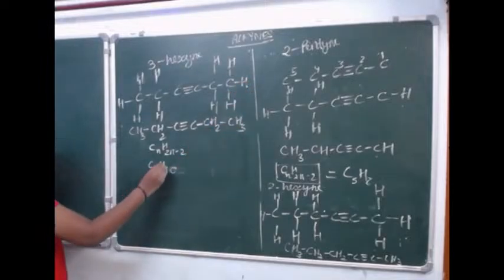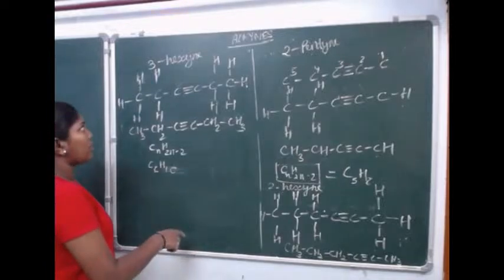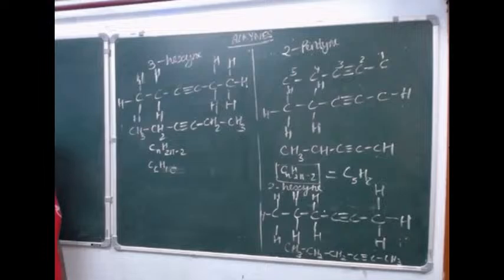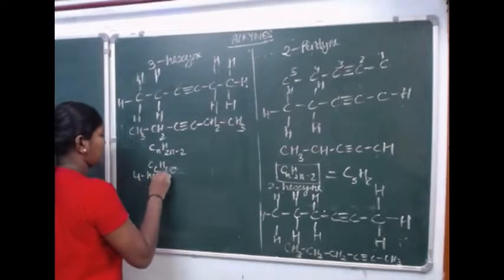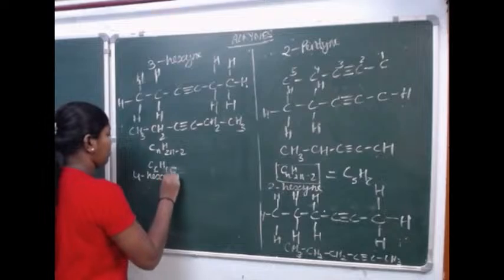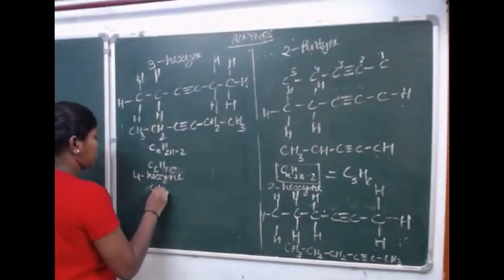Now, what are the different types of hexyne we have given? 1-hexyne, 2-hexyne, 3-hexyne. Shall we check 4-hexyne? Please check. Is it possible? No, first write down the structure.